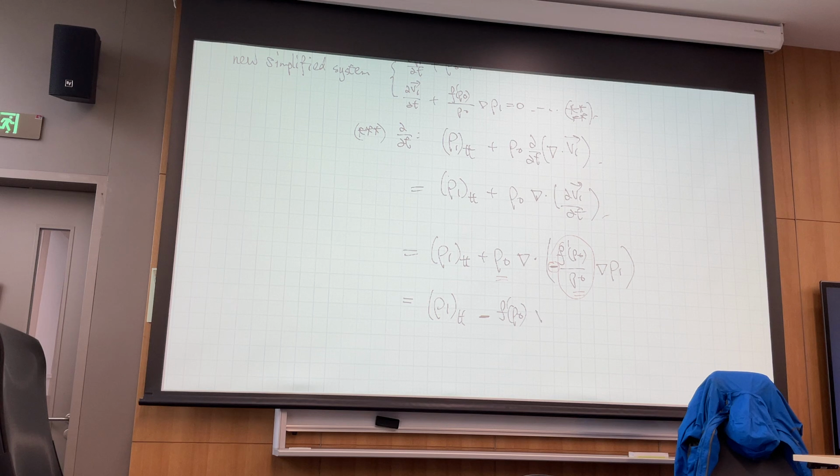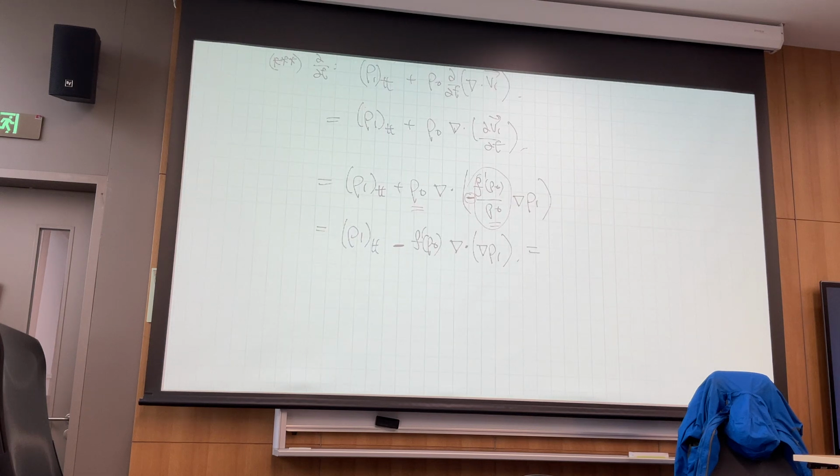So what is left over here reads the divergence of the gradient of rho 1, and this is exactly the definition of Laplace, right? So this is exactly rho 1 tt minus f prime rho 0 Laplace rho 1 equals 0.